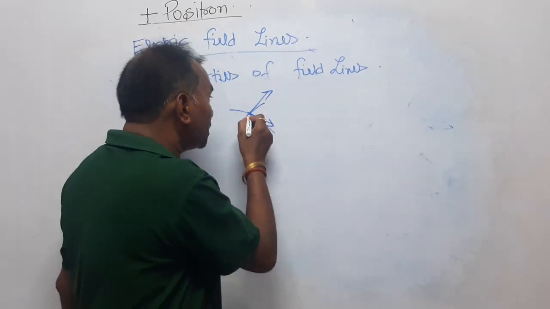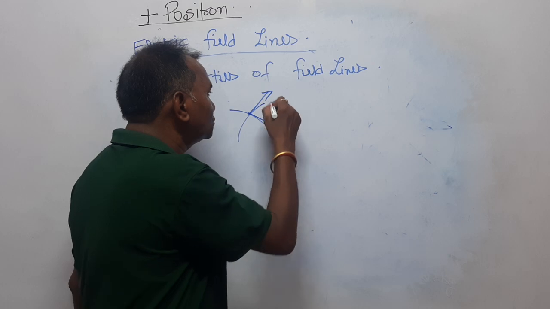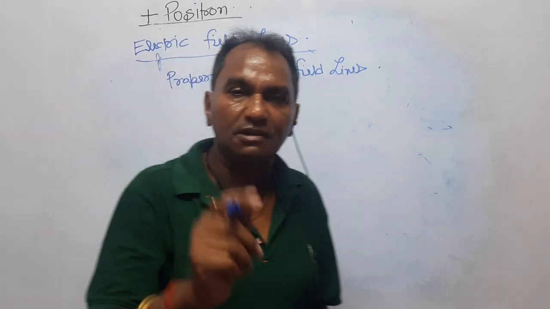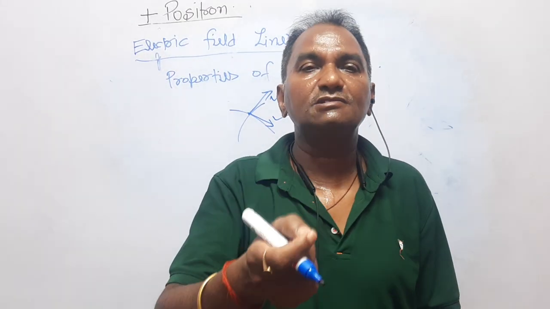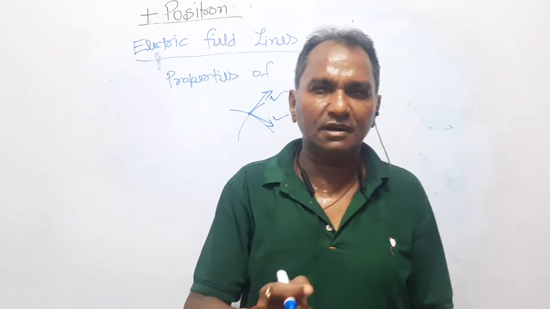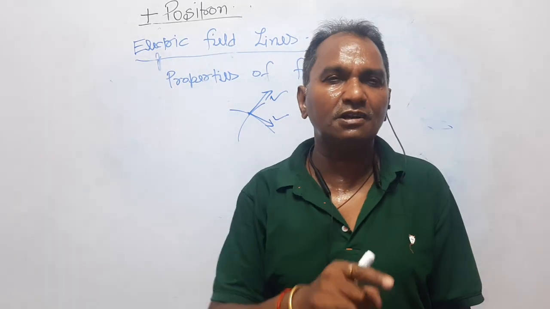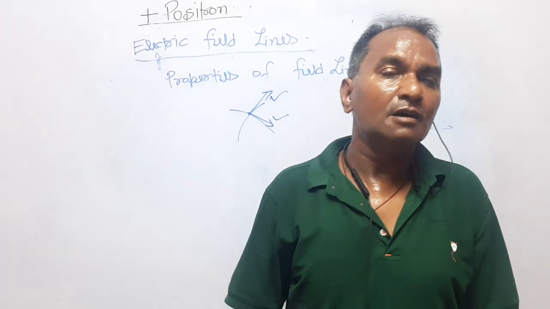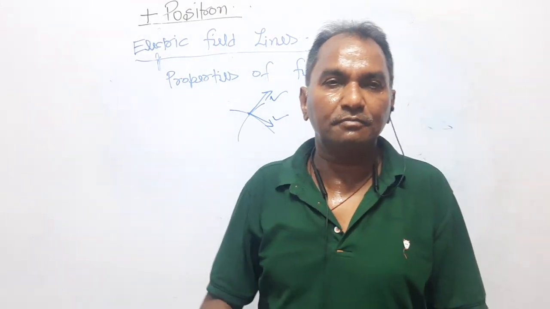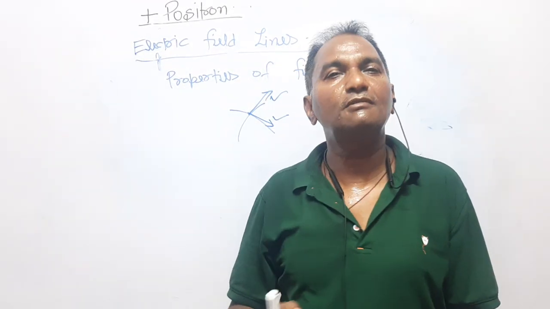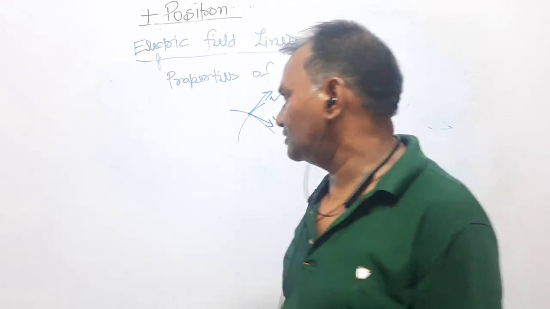It means at a common point of intersection, there are two directions of the field, which is not possible. At a point, a vector possesses only one direction. That is why two field lines cannot intersect each other, because at a common point of intersection, there would be two directions of electric field.